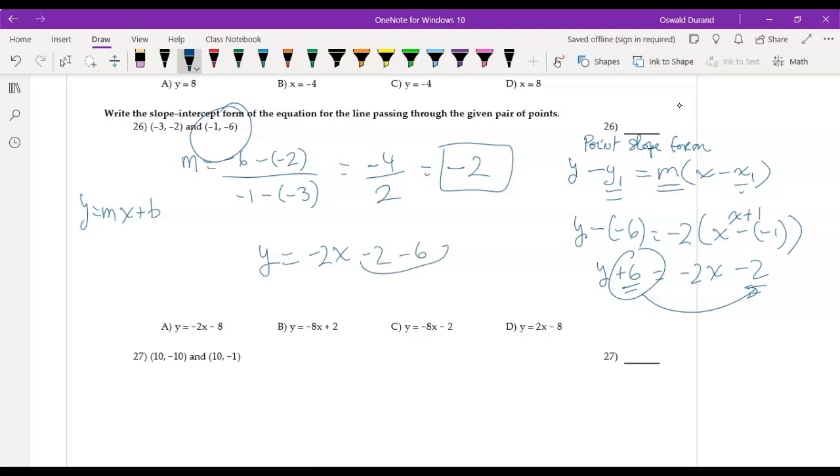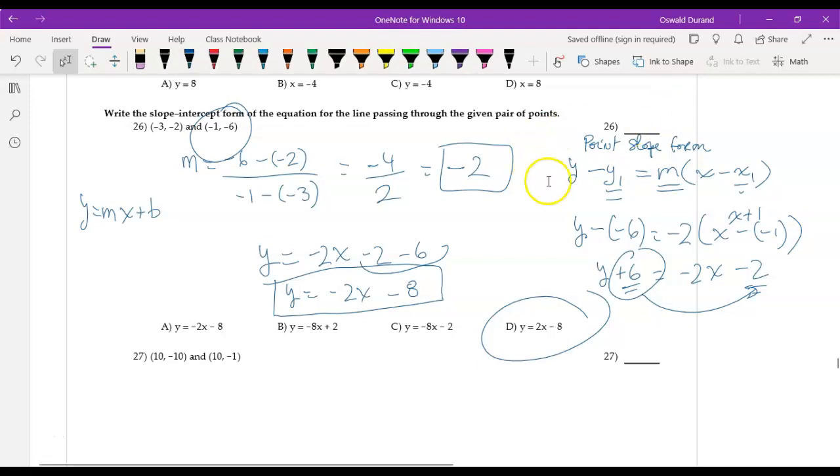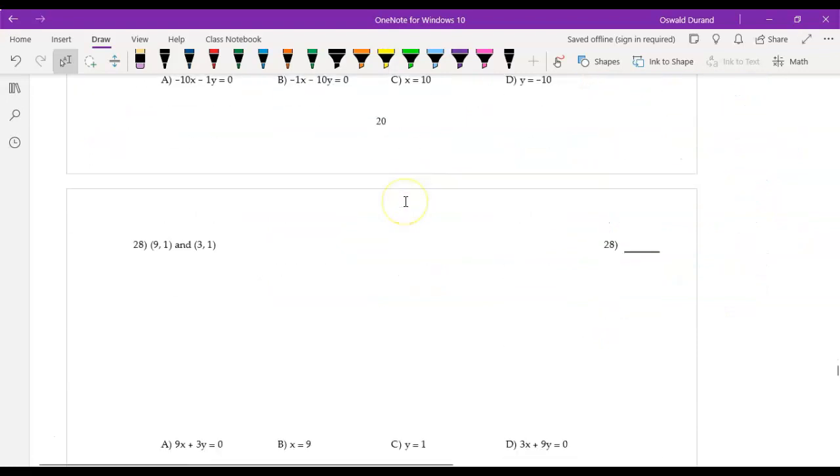These two are combined, and I get y is equal to negative 2x minus 8. And that's my slope-intercept form. Okay? So that's it for that. So I introduced a new way of finding an equation. All right, so let's move on.